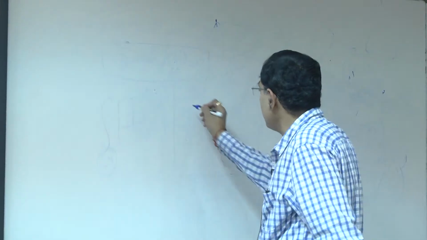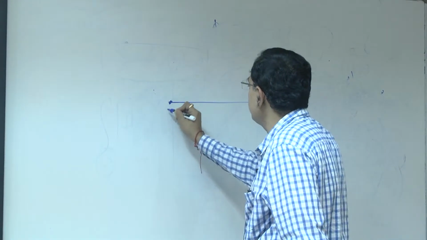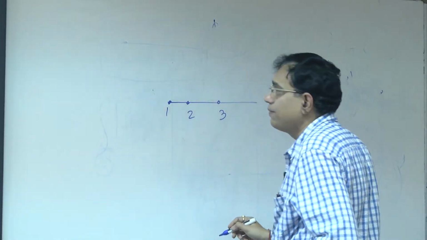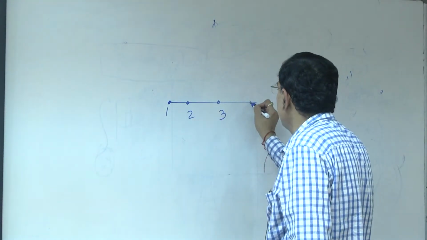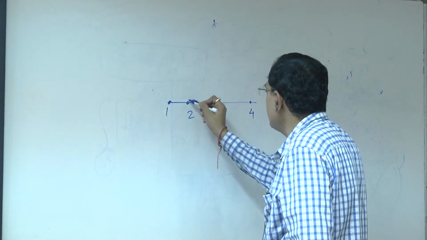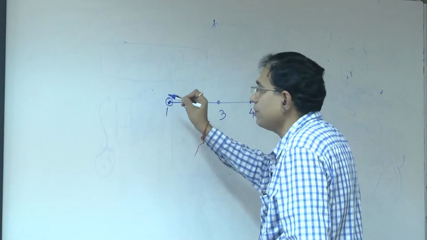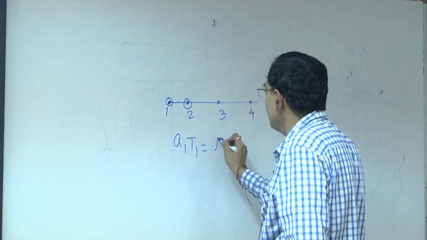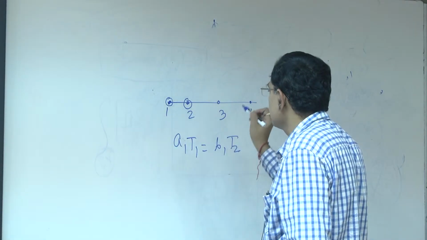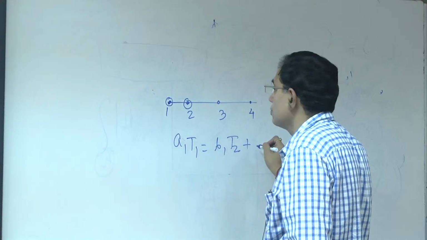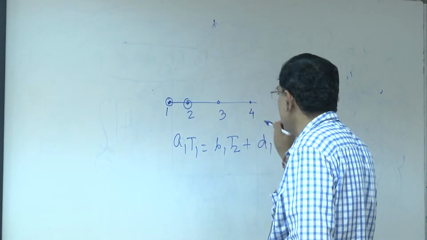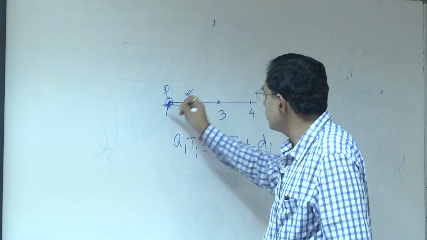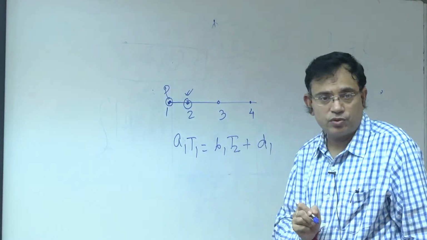Let us say I am just putting points 1, 2, 3, say maybe 4. For point 1 I am writing the equation: A1 T1 is equal to B1 T2 plus say D1, right. This is now your point P, this is the right, left there is nothing, so this is for point 1.